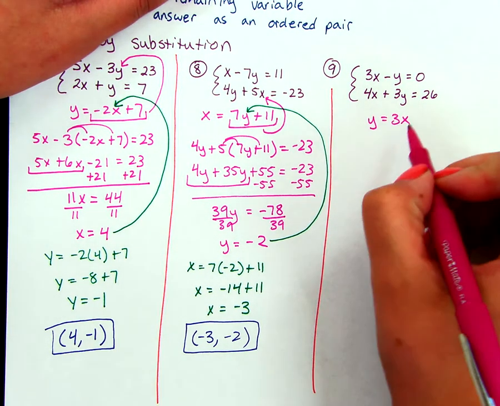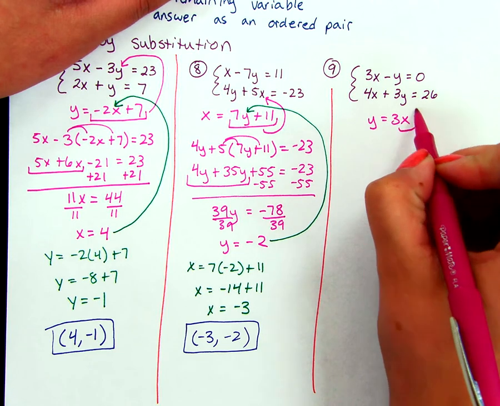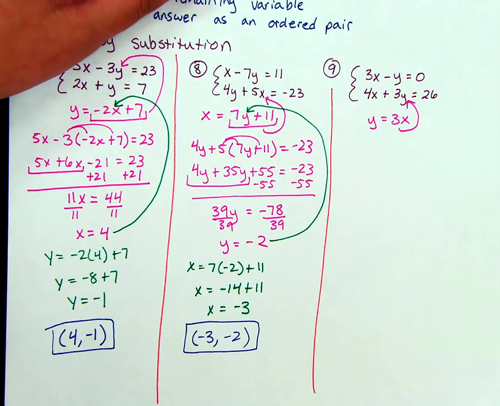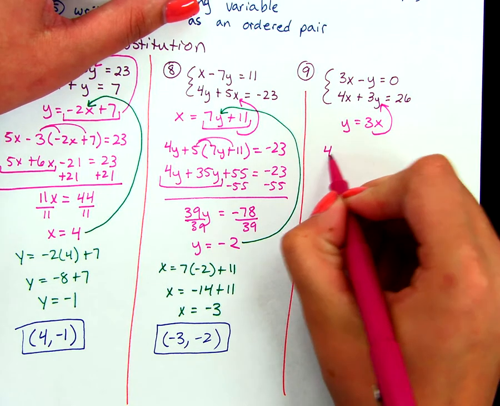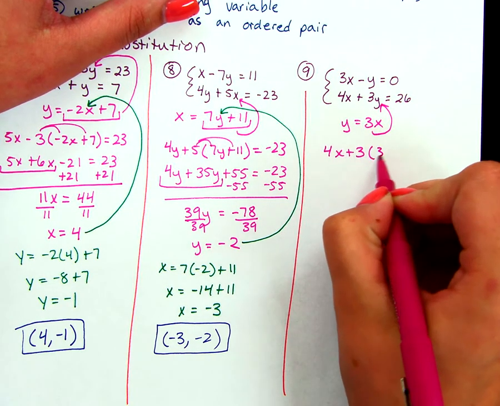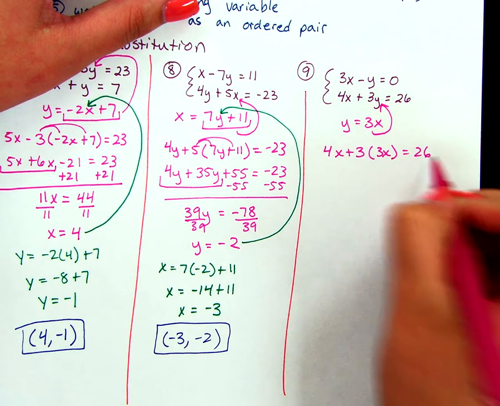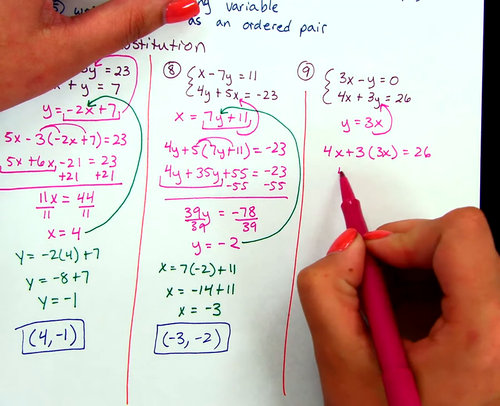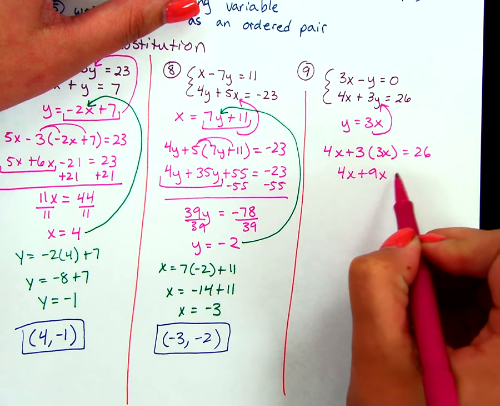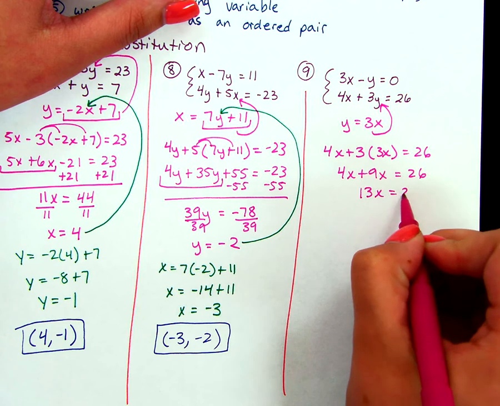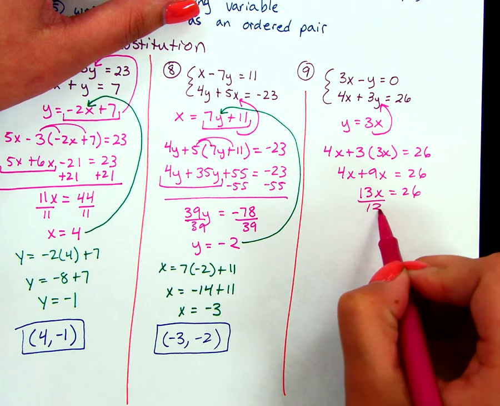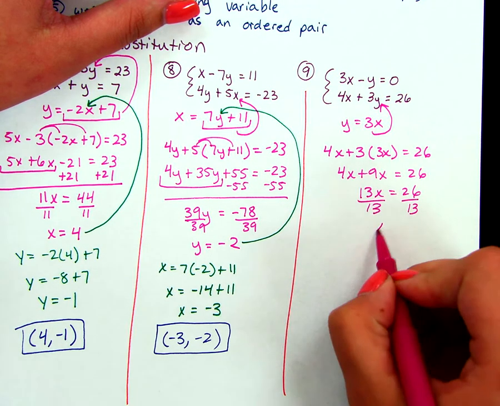And then I'm going to substitute my 3x into the y in the bottom equation, because that's the one I didn't solve for. So we'd have 4x plus 3 times 3x equals 26. Again, if we multiply, that will give us 9x. And we can combine like terms to get 13x. And then divide by 13. So x will be 2.